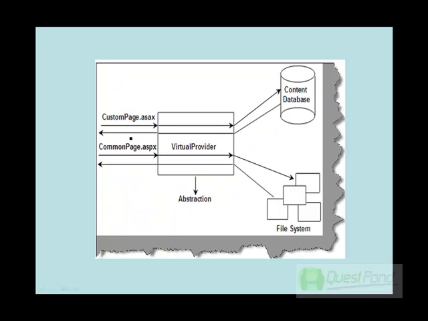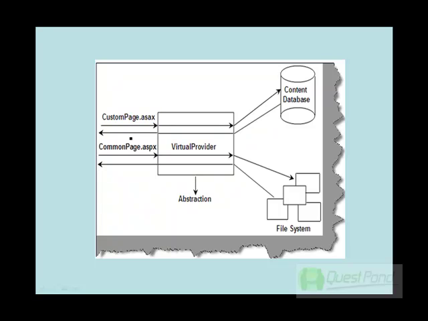But what is the database doing over here? What is SharePoint storing in the database? Well, SharePoint stores ASPX pages in the content database. It stores custom pages in the content database.